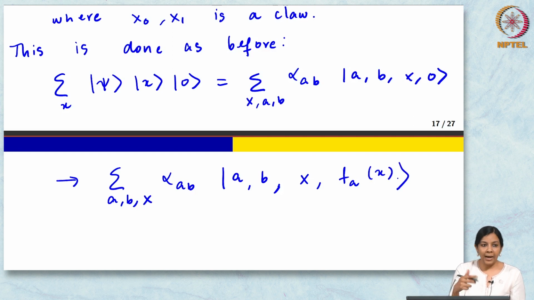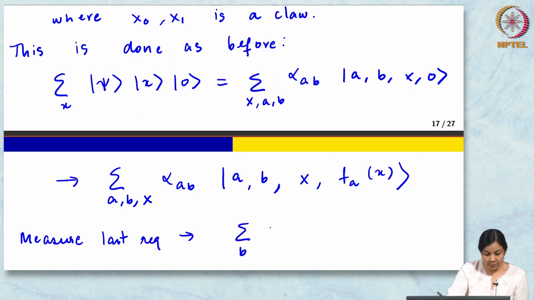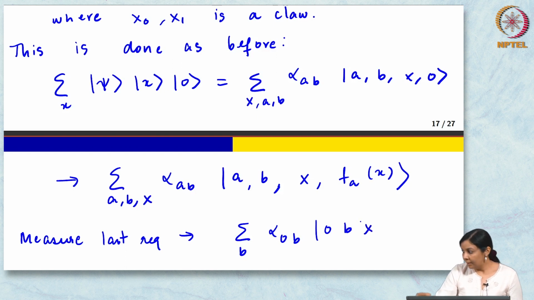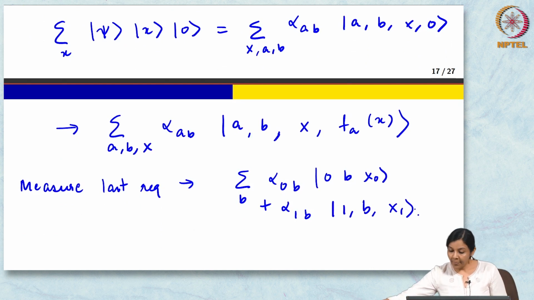I can apply the unitary from before, and now I can measure the last register, and this will give me summation over b of alpha 0 b, 0 b x0 plus alpha 1 b, 1 b x1.